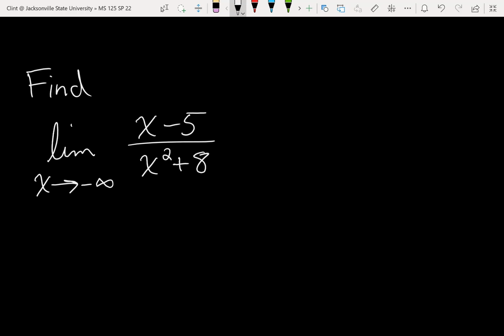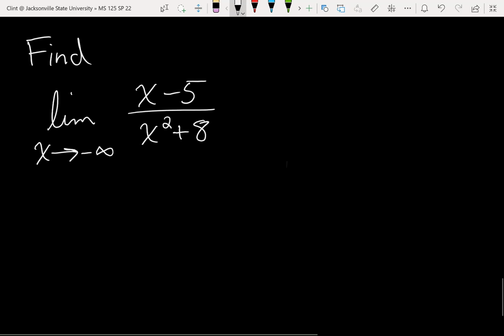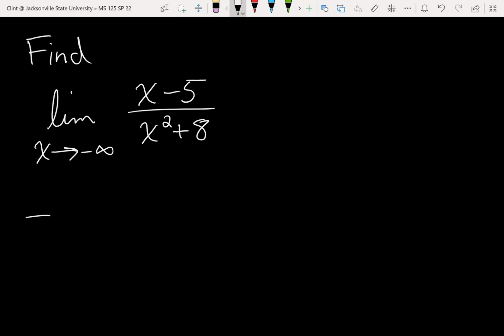Anytime you see a rational function, and we're looking at a limit as we go toward infinity or negative infinity, in our technique, we're going to take the largest power of x in the denominator, x squared here, and divide every term by that. If we do x over x squared, we get 1 over x.